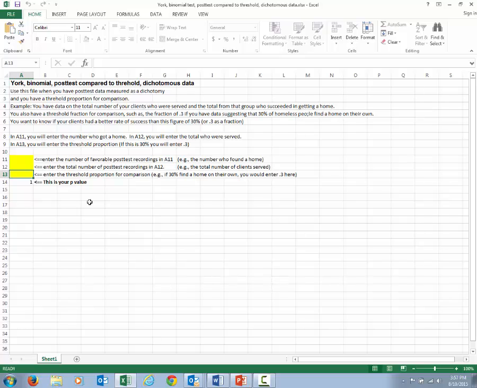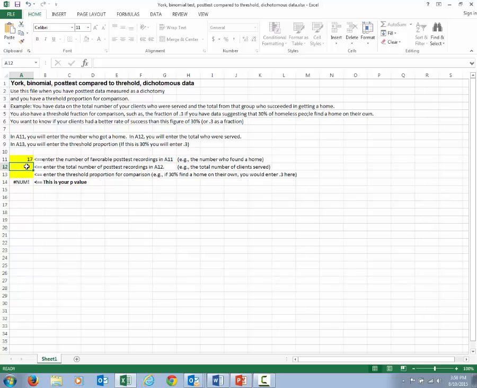Okay, I assume you have looked at those. What I'm going to illustrate is that in this cell of the file, you enter the number of favorable post-test recordings. The example is the number of people who found a home. In our hypothetical example, we have 17 clients who did. Next, enter the total number of post-test recordings.